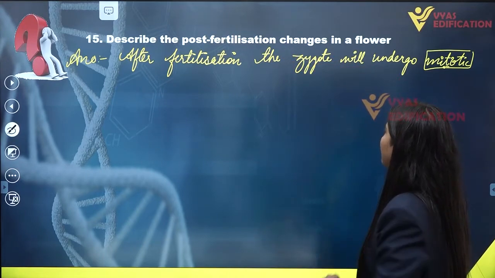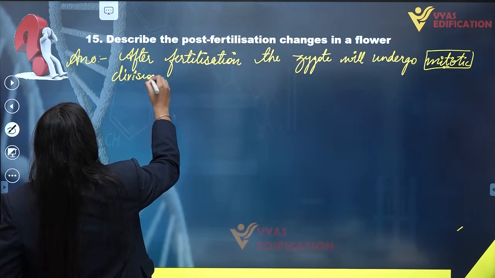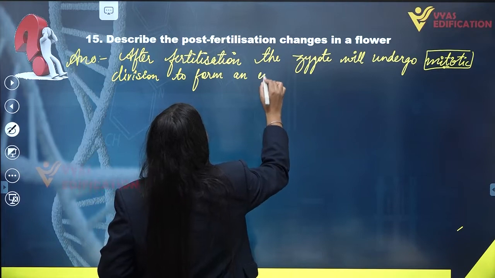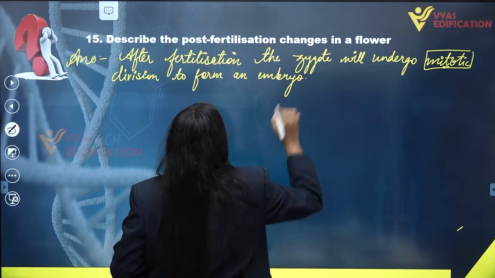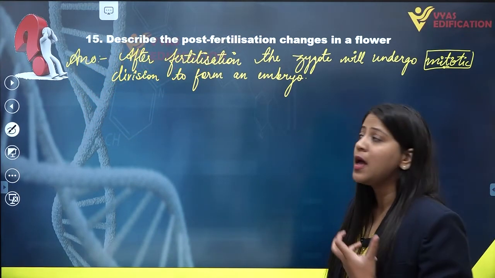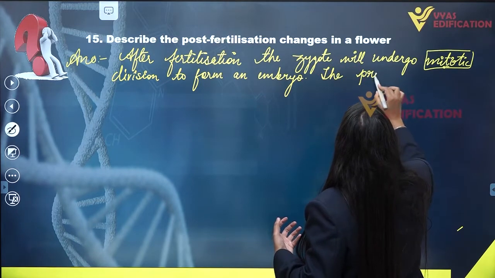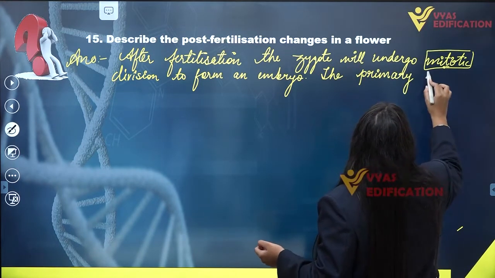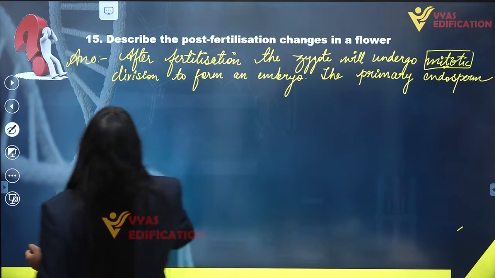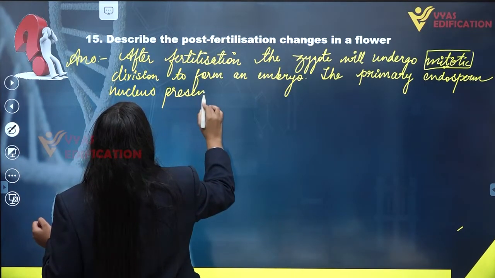So after fertilization, the zygote will undergo several mitotic divisions to form an embryo, and simultaneously the primary endosperm nucleus present, where does this primary endosperm nucleus is present?